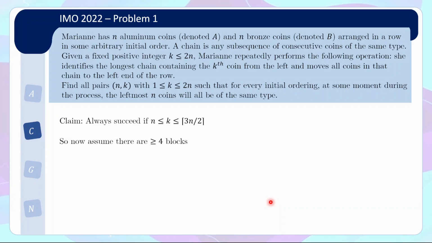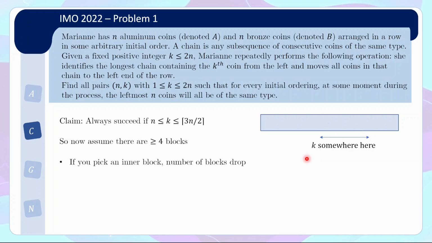Let's say the number of blocks is B, and you've proven the case for B-1 and below, right? Here's a pictorial representation. k is somewhere from n to ceiling of 3n over 2, and the intuition is that you don't keep pointing at the leftmost block or rightmost block for such values of k.